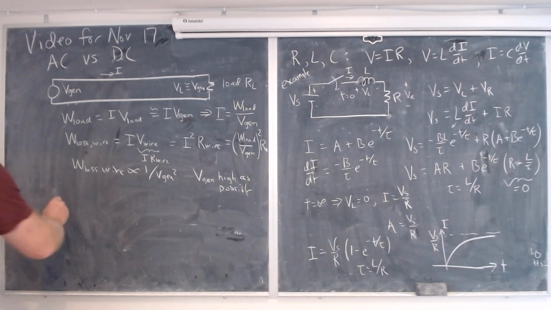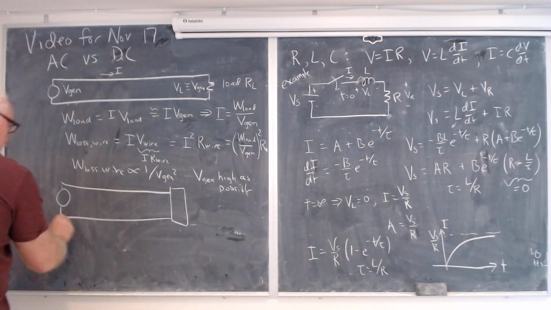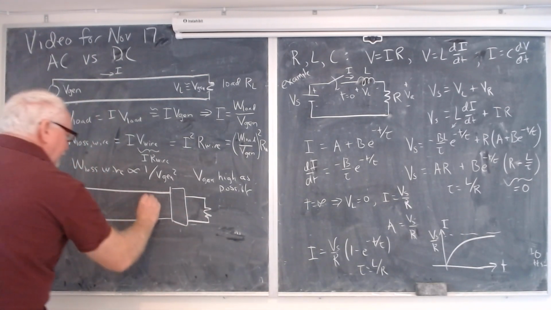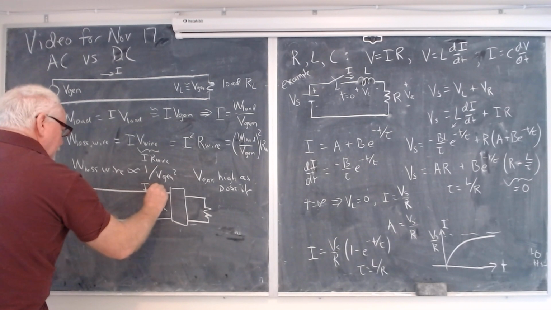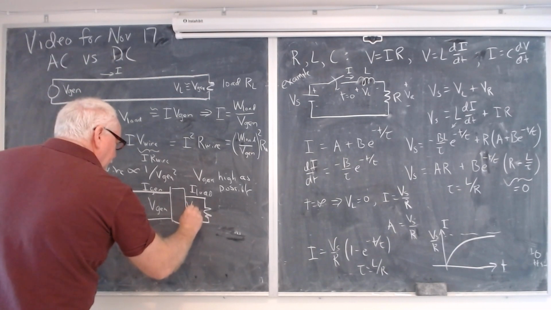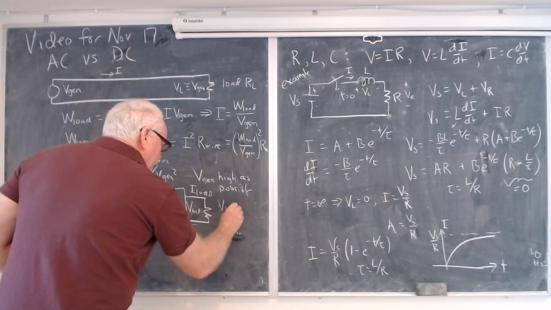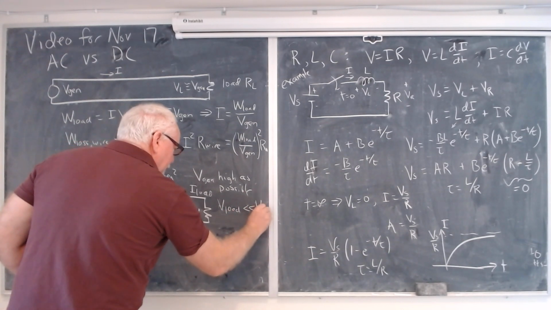So what you do is you put on a transformer. And what that transformer does is take V gen and I gen on this side, and it gives you I load and V load on that side, where V load is much smaller than V generator.